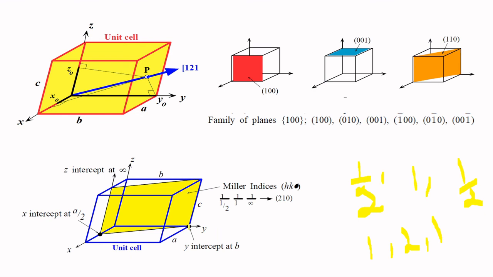In y it is the complete 1, and z it is not touching, that is infinity. So 1 divided by 1 by 2, 1 by 1, then 1 by infinity. You multiply with the common factor, and with the same procedure for the Miller indices, you get 2 1 0 for this.